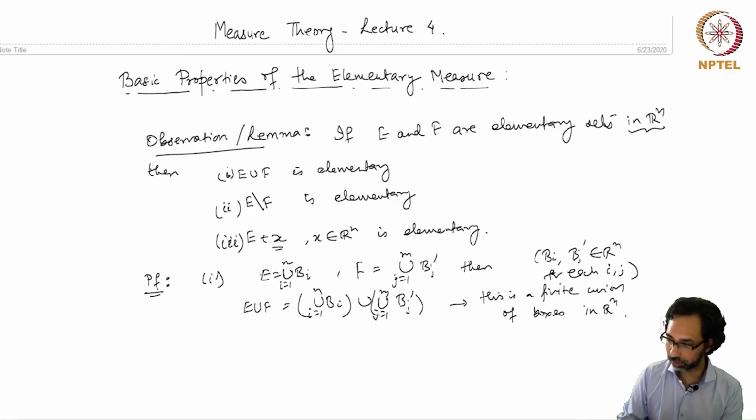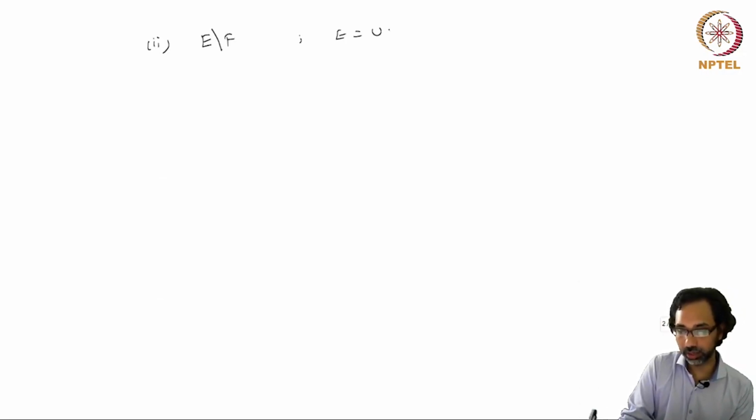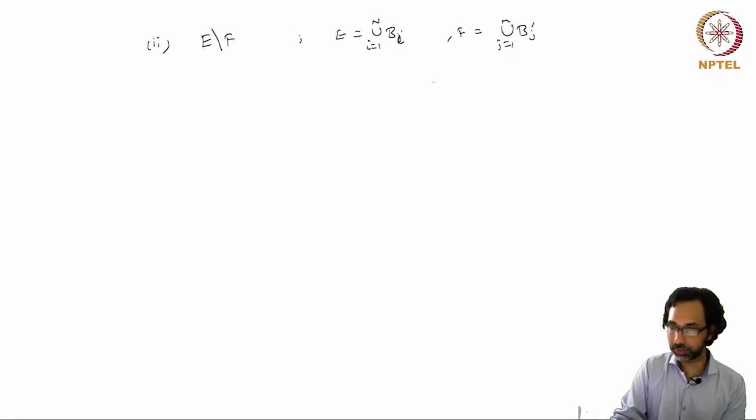Now let's come to the second one, E set minus F. So now let us again assume that E is a union of Bi's, i equal to 1 to n, and F is a union j equal to 1 to m of Bj primes. So again Bi's or Bj primes are boxes in Rn.